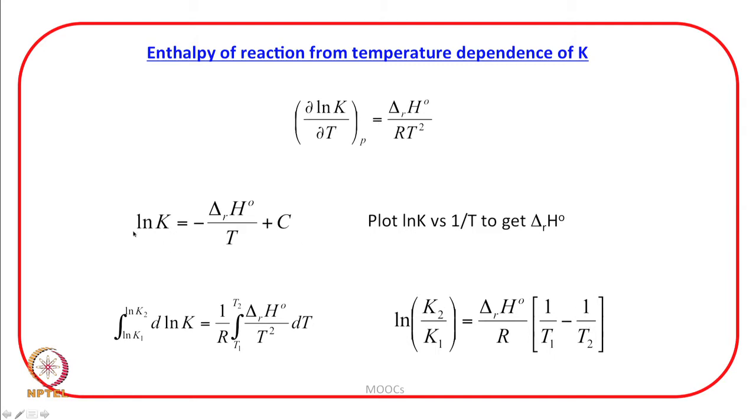So, one is from log K is equal to minus delta rH naught divided by RT, there should be R over here, and second is, if the enthalpy does not depend upon temperature for a short range, you can take it out of the integral and use the two values of K.